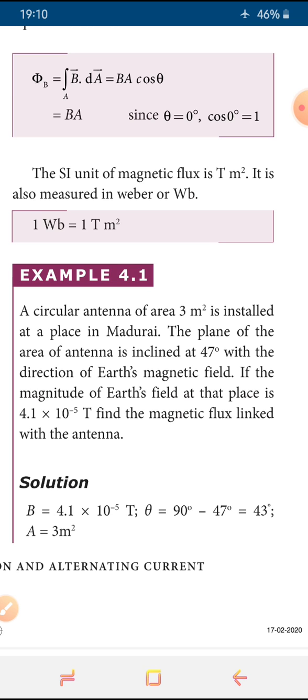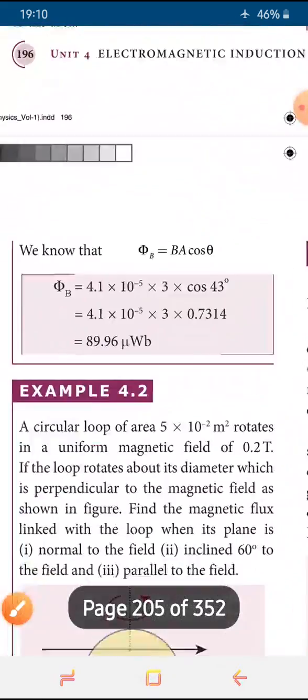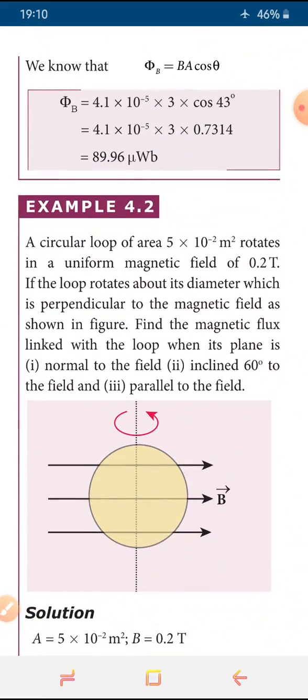First we have to note down what data are given. Magnetic field B is 4.1 into 10 to the power minus 5 Tesla. The angle is given as 47 degrees, so comparing with the normal, 90 minus 47 is 43 degrees. Then the area is given as 3 meters square, so we have all the known values.